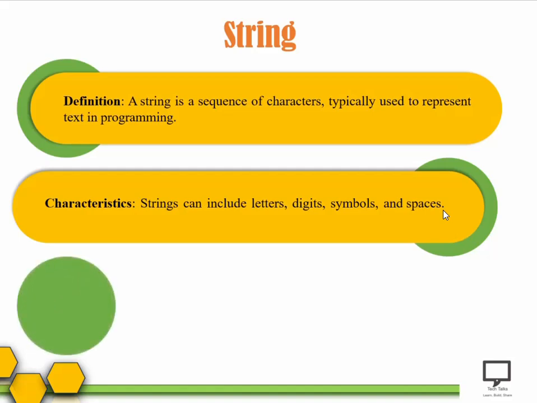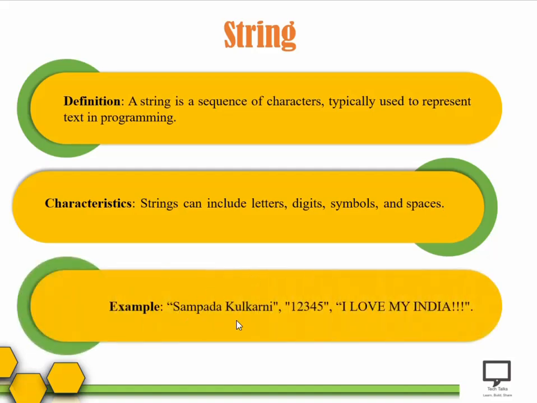What will be an example of the same? The name of any person. For example, my name, Sampada Kulkarni, is an example of a string. Any number of digits can be an example. A set of characters all in capital letters ended with an exclamation mark, which is a symbol, and so on. These are examples of strings.